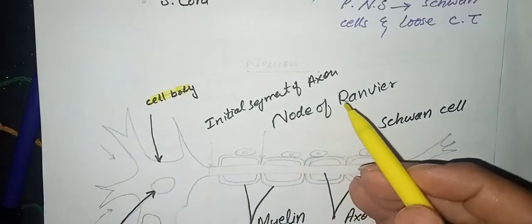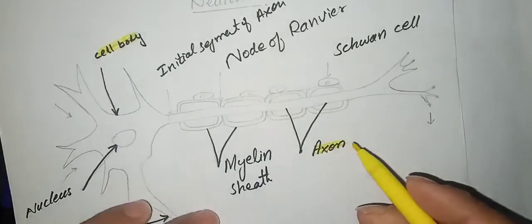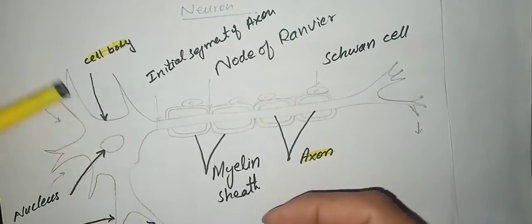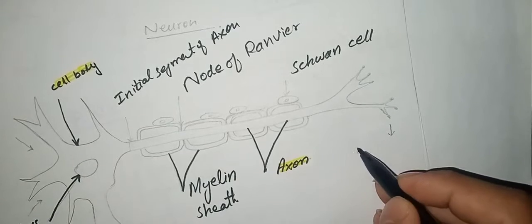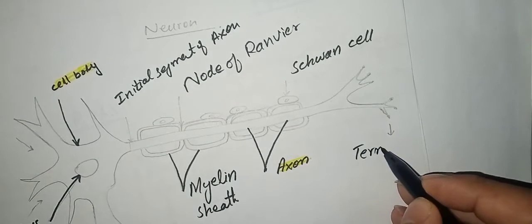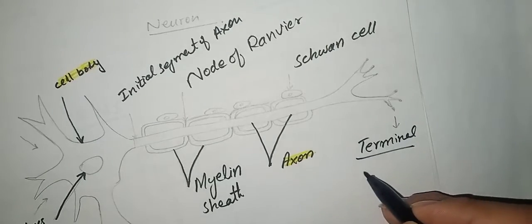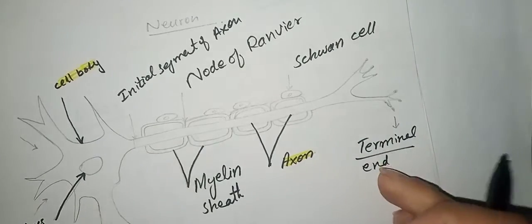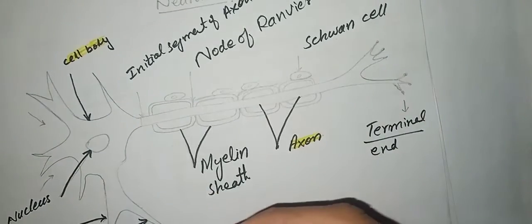The third is the axon. And the last point where the axon ends is known as the terminal. The terminal means the end, where the axon ends and the next stage starts.